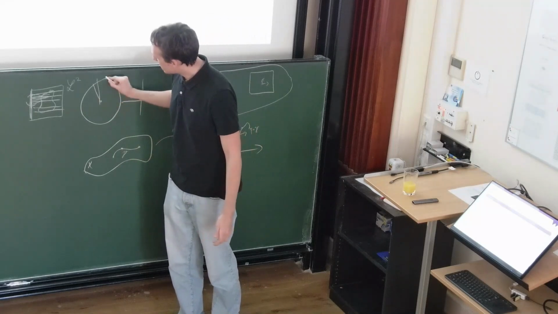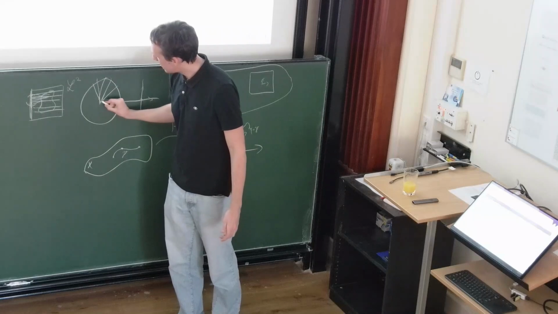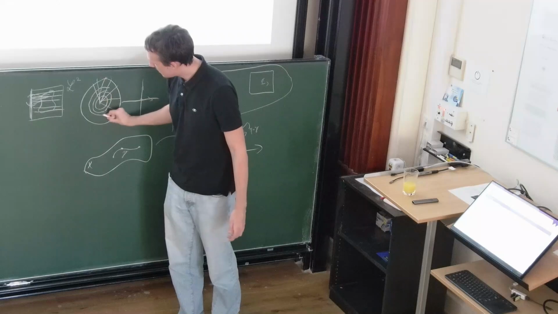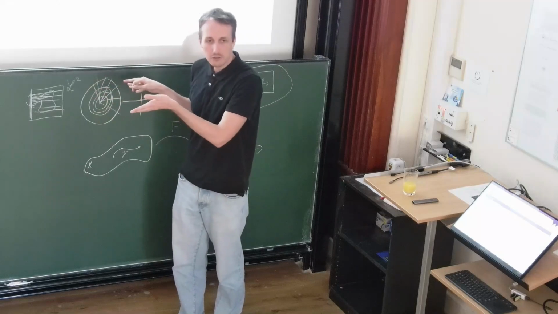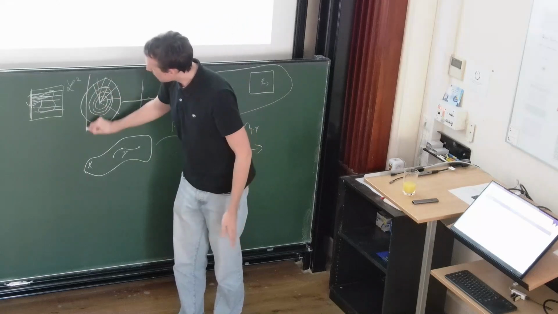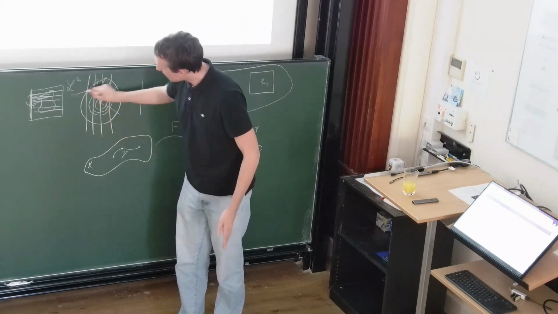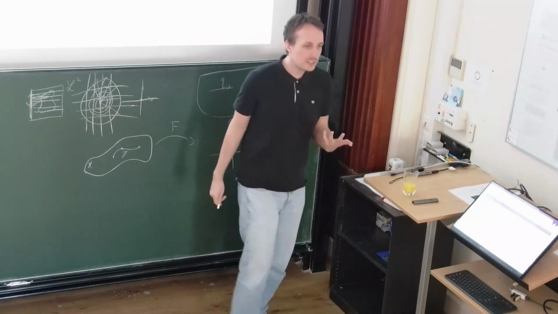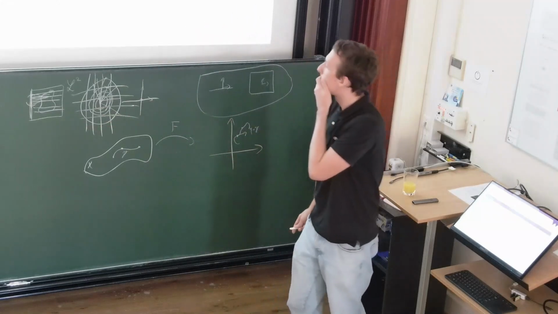You can find a representation that goes over these guys, and then you can find a representation that goes over these guys. There are multiple different ways to disintegrate L2 on this. Also, you can just take these guys, or you can take these guys. That's a huge non-uniqueness in how you can do these things.